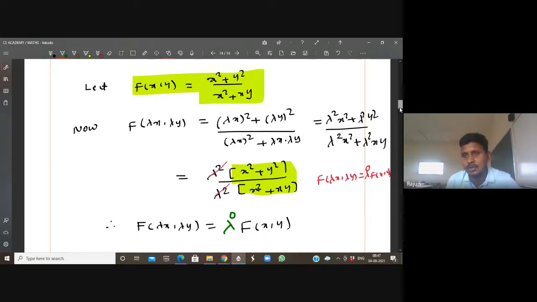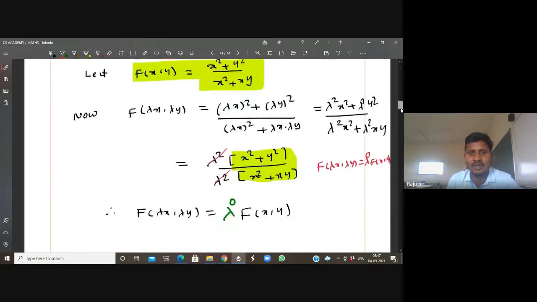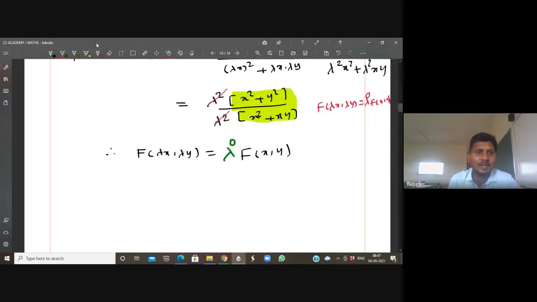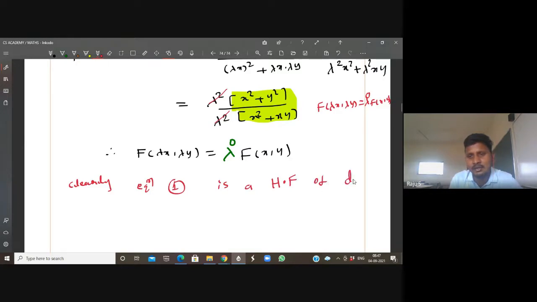Now, what can we conclude here? Clearly, equation 1 is a homogeneous function of degree, what is the degree? Power 0. Degree 0.